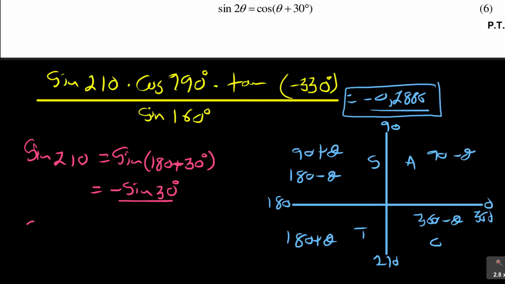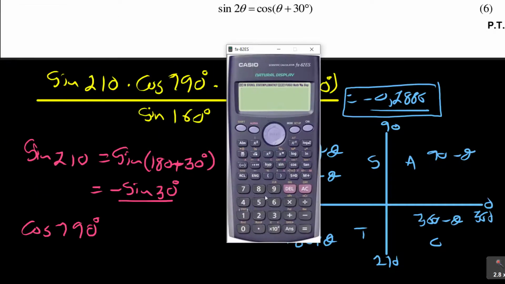Next one, cos 790 degrees. You ask yourself, how many 360s can I subtract? Remember, the complete revolution is 360. So you start by saying, 790 minus 360 is a complete revolution. You're at the first point again. Say that again, minus 360.